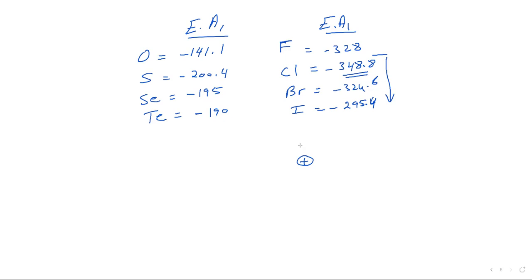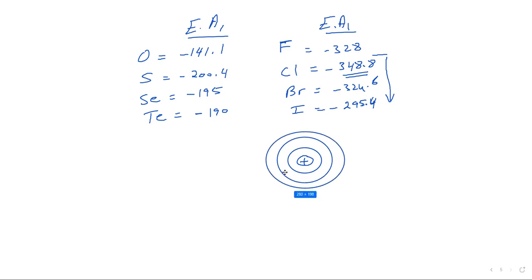Now, we said, why is the first electron affinity greater in the case of chloride than in the case of bromide, and more than in the case of iodide? If we look at the chloride, we see that chlorine is present in the third period.